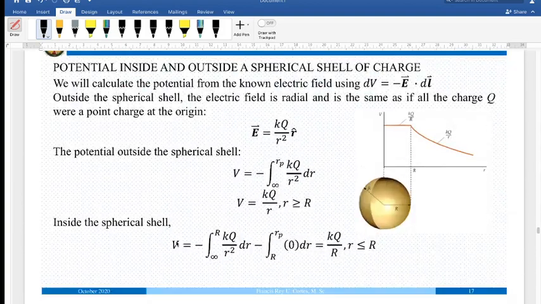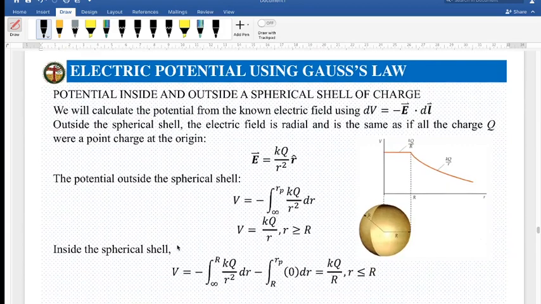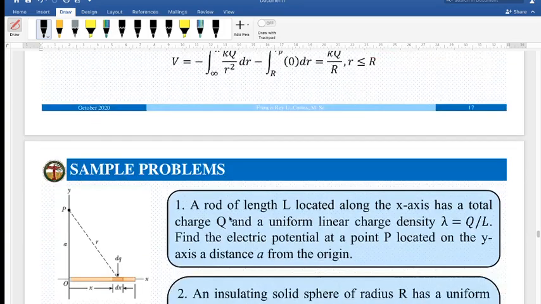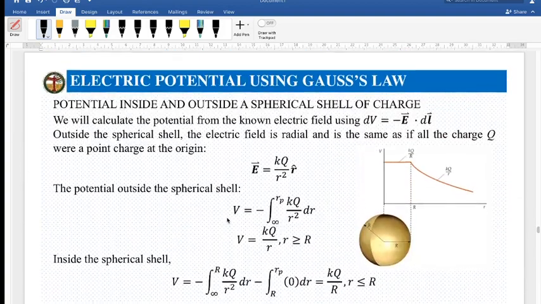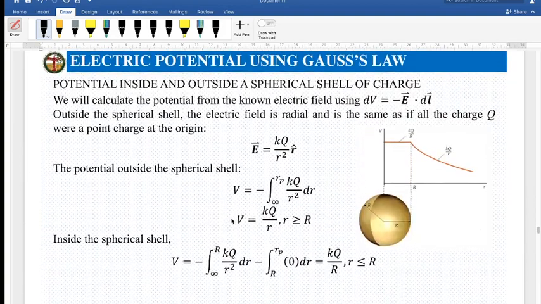That's the reason why your electric charge distribution should be localized. Now we will deal with electric potential using Gauss's law. This is an application of Gauss's law.